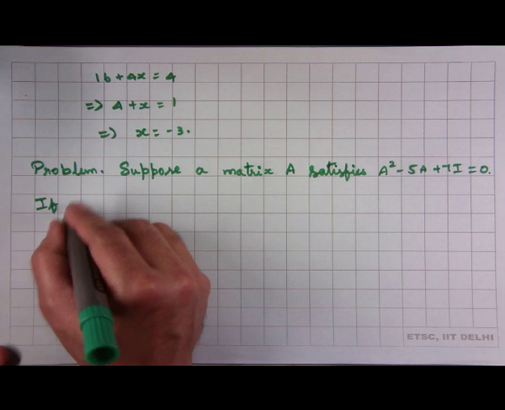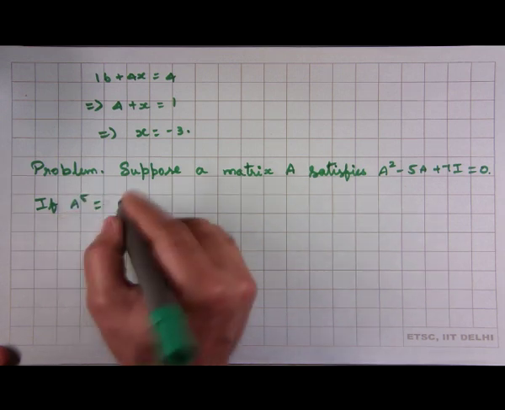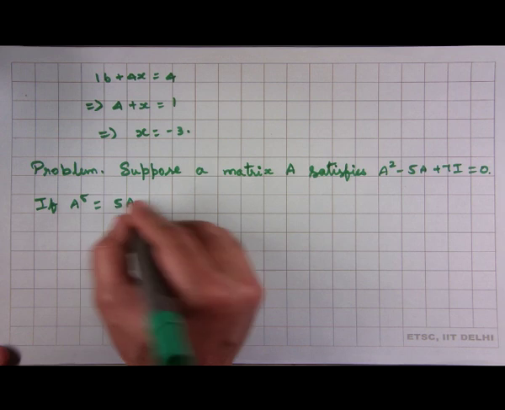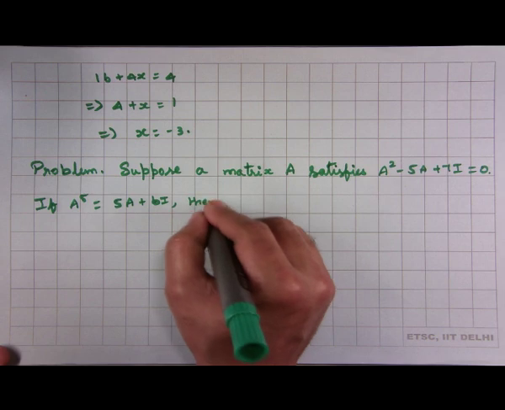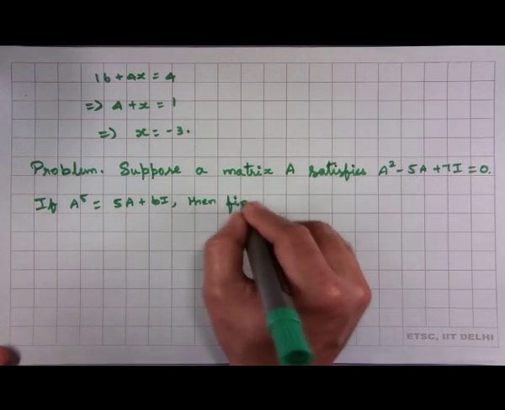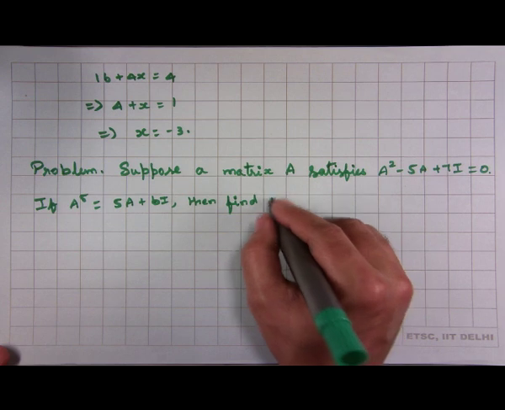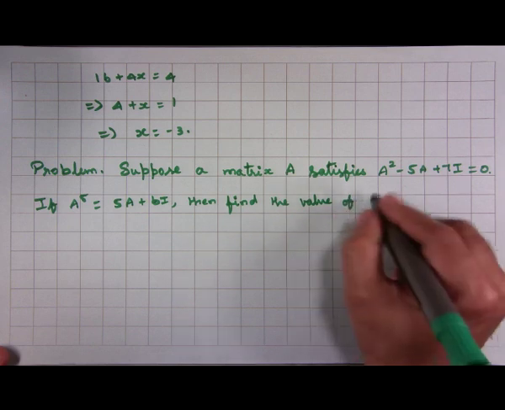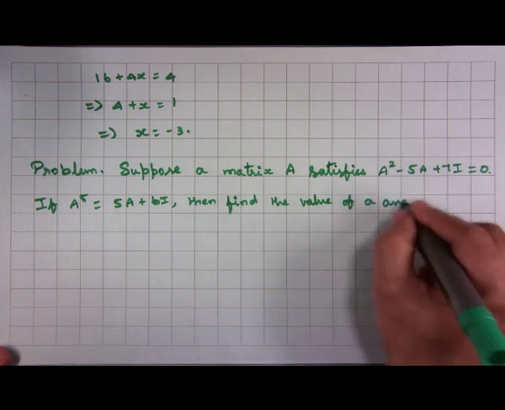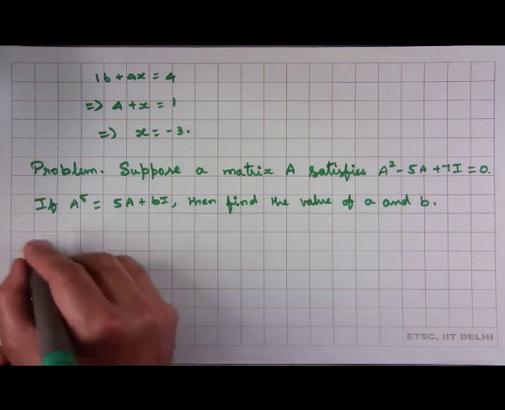If A to the power 5 is aA plus bI, then find the values of a and b. Solution.